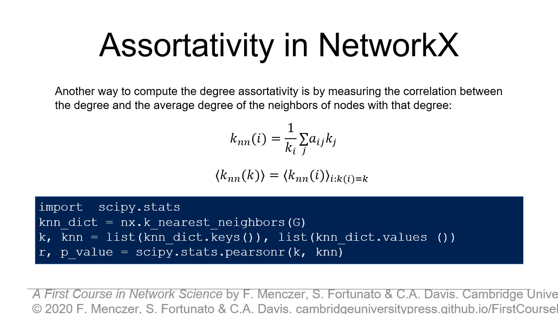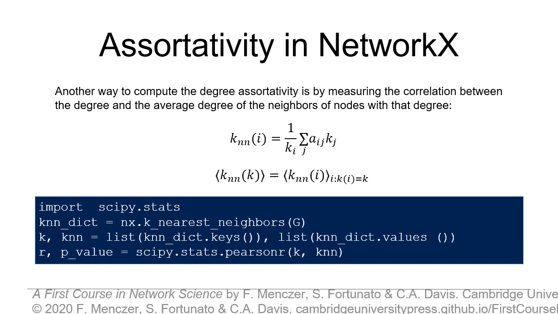That degree is defined like this one. K, and then KNN means node I has neighbors. Node I has neighbors.